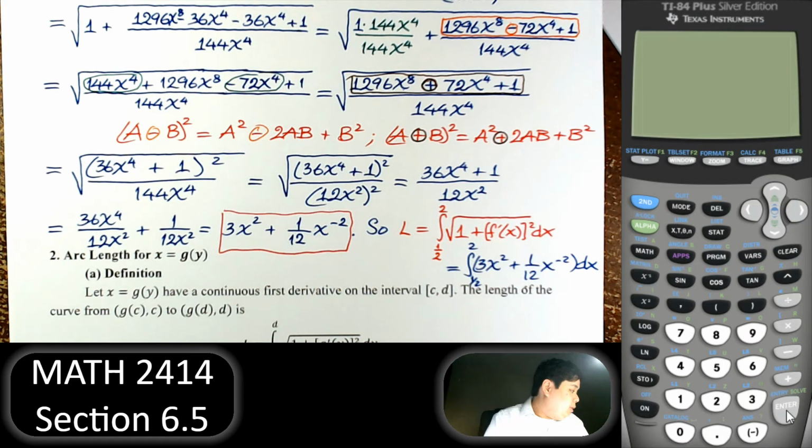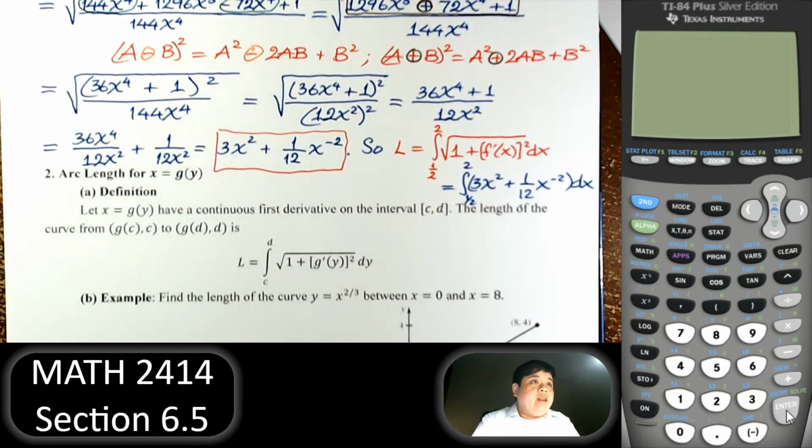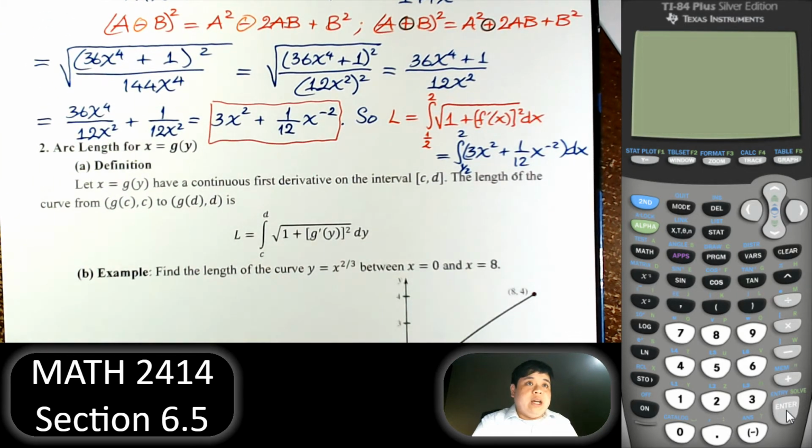Now, for this example, find the arc length of this curve from 0 to 8.